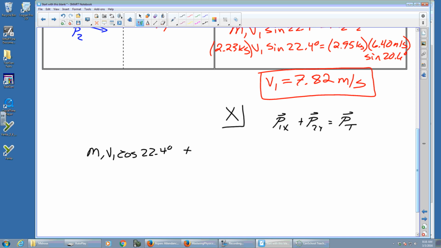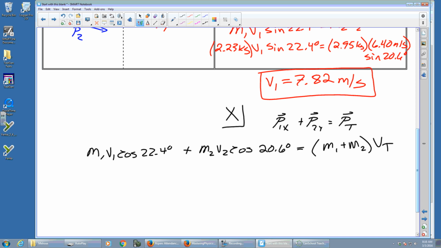Plus, because they're both heading in the positive direction, if you remember your diagram, M2 V2 cosine 20.6 degrees equals the inertia total, which would be M1 plus M2, and the speed total, which is going to have to be to the right also. No way to have anything to the left, since all of our momentum ahead of time is to the right.